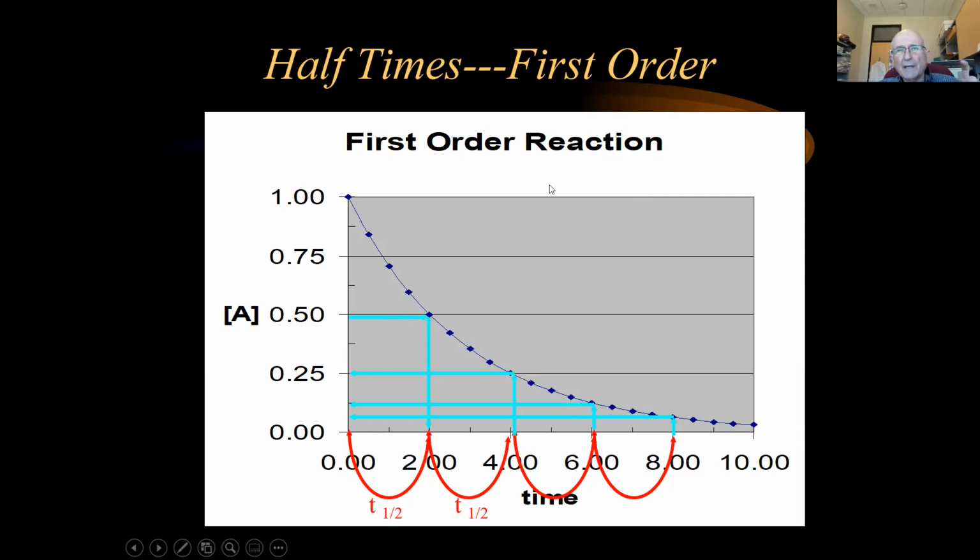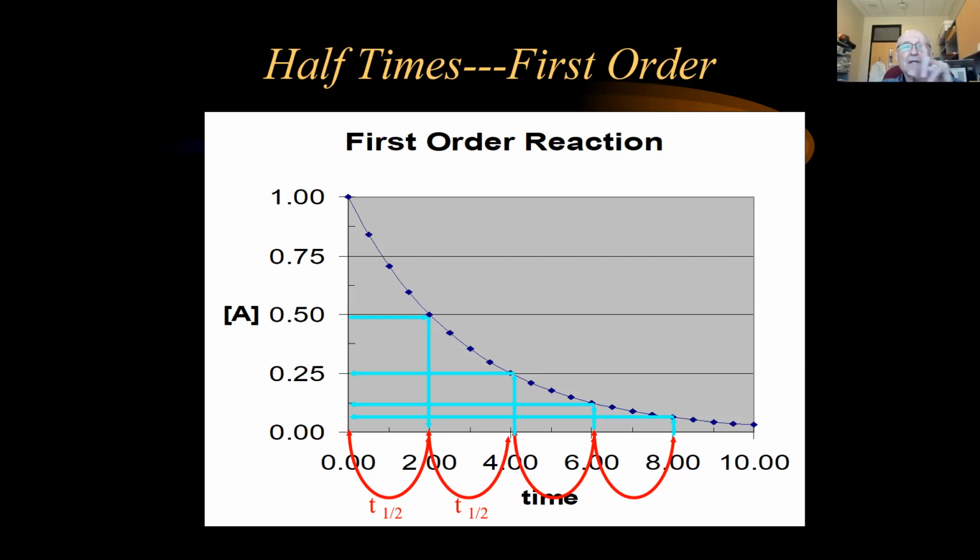So if I went back to my first column of data and I saw it's not linear, it doesn't take the same amount of time for the concentration to change by the same amount. That's not zero order. But if I look at how long it takes to get half of it, and then I say, okay, double that time and see if that's the time it takes to get from 50% to 25%.